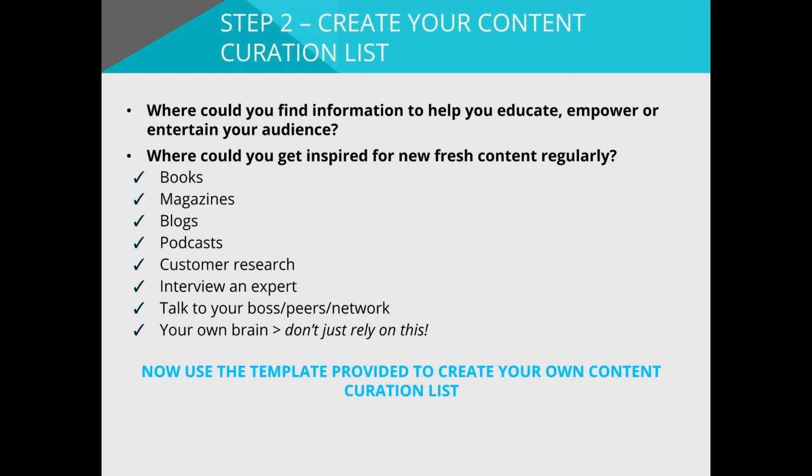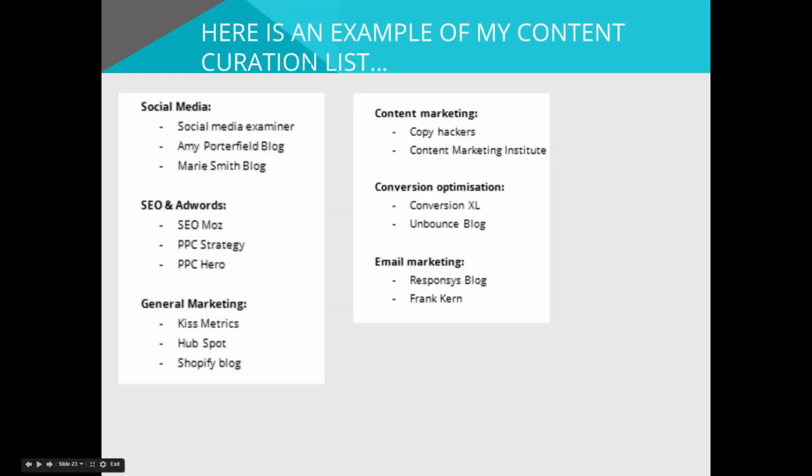So books, magazines, blogs, customer research, interviewing an expert, talking to your peers in your network. We've got an amazing network here, so tapping into that and getting ideas, and of course your own brain, but as I said, don't rely on this every single time. So I've got a little template for this content curation list, so I'll just show you the next slide.